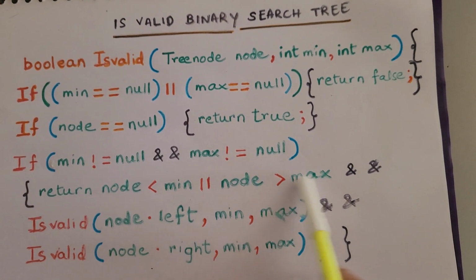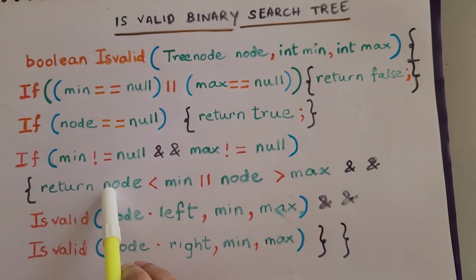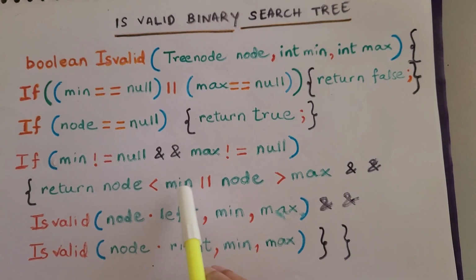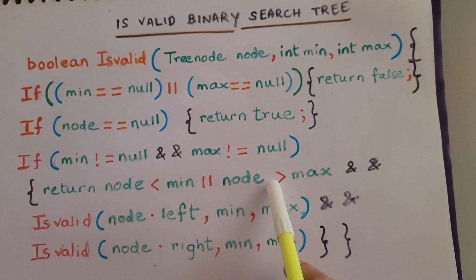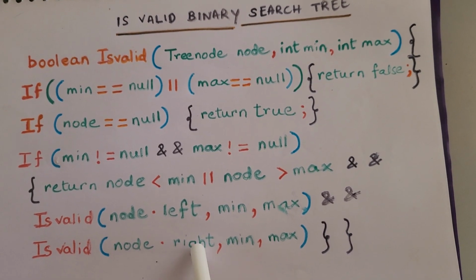We are going to be returning if the property of the binary search tree holds true not only for that node or any node in the binary search tree, but even for the left and right child of that particular node.